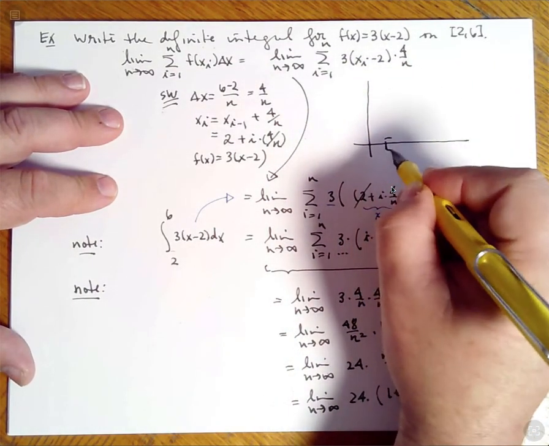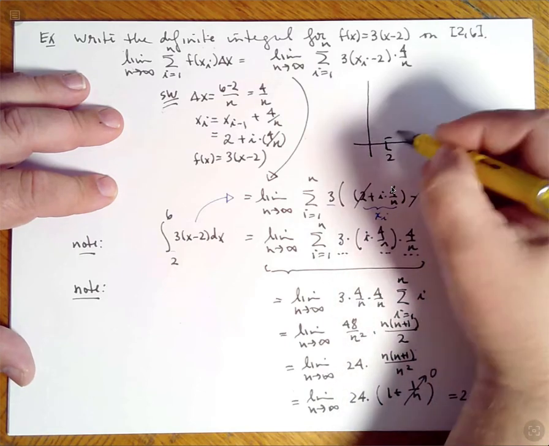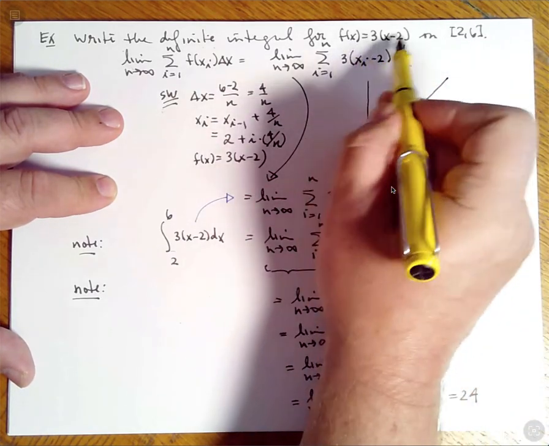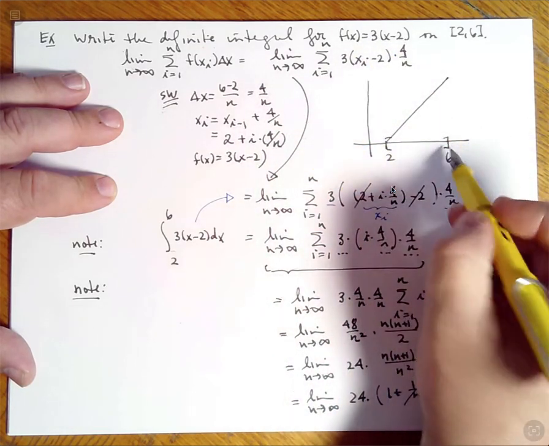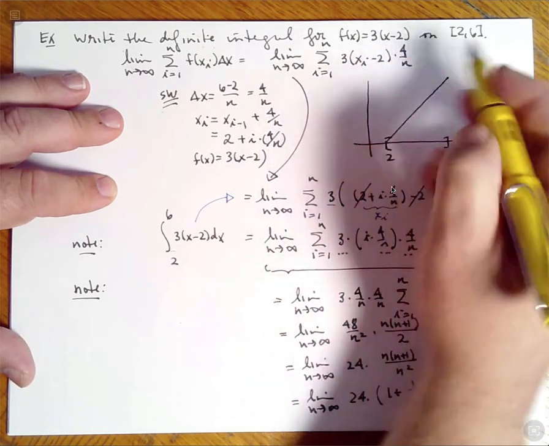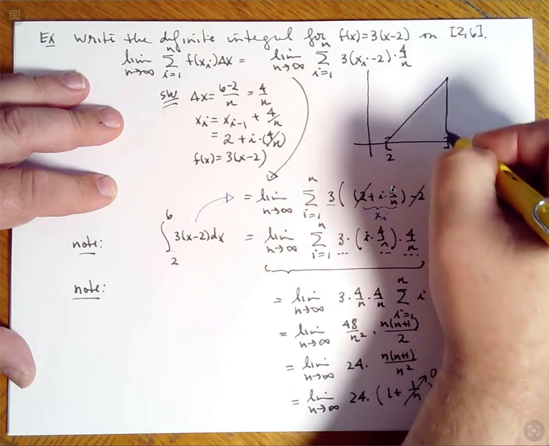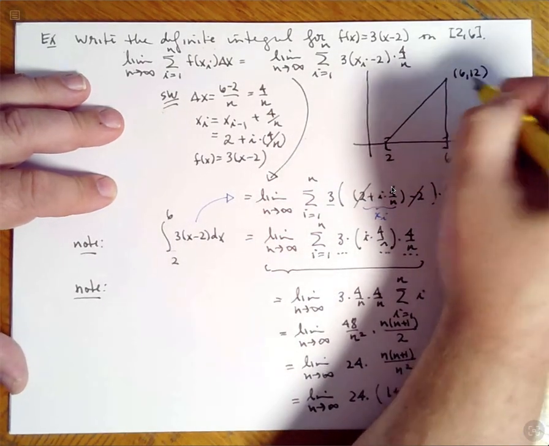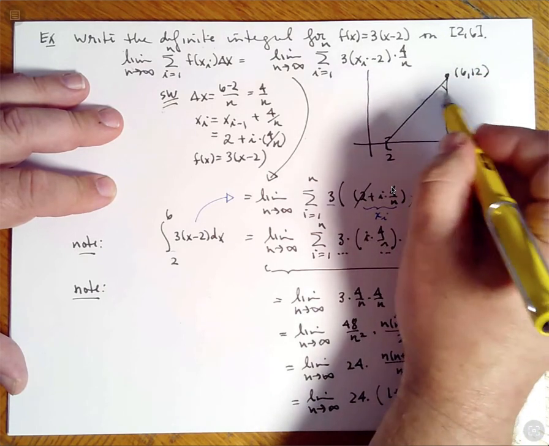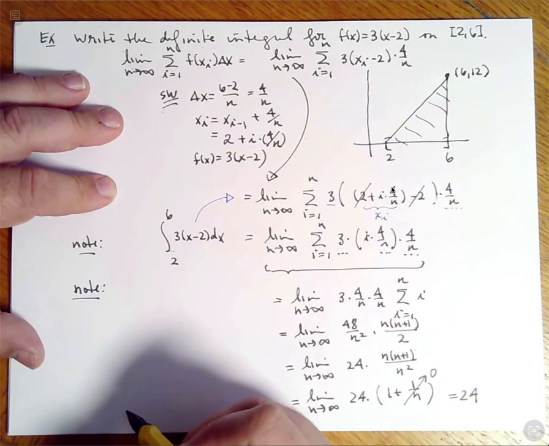So look, my function here, the graph is a straight line. At 6, it goes to the point 6, 12. So I'm just calculating this region here, the region of a triangle.